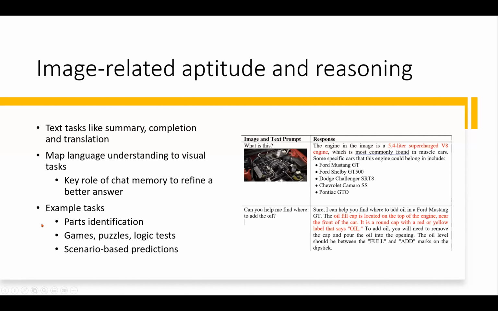Some interesting practical examples of what I would call image-related aptitude is part identification. Here you see an image of a car engine, and we're going to ask various questions about that. Part identification, whether you're assembling an IKEA piece of furniture or anything else, is pretty important. Games, puzzles, and logic, as I mentioned before, are a keystone for artificial intelligence.